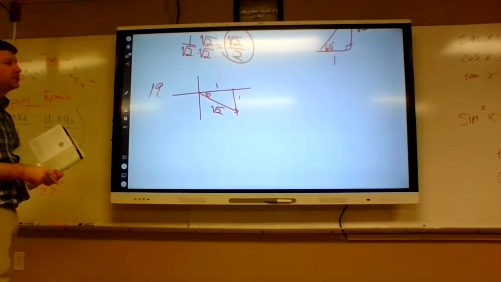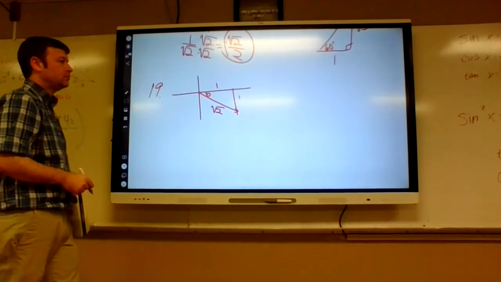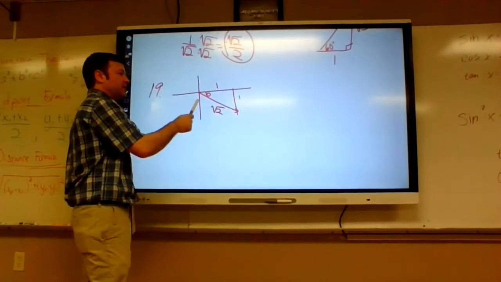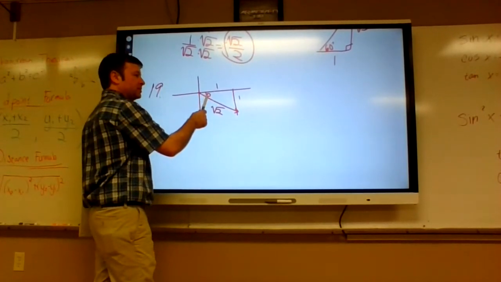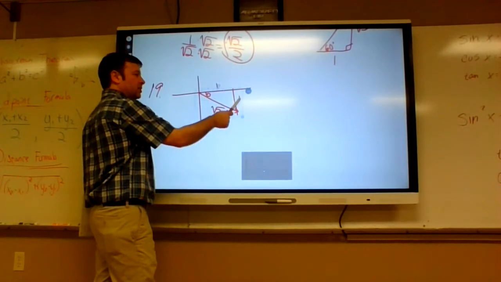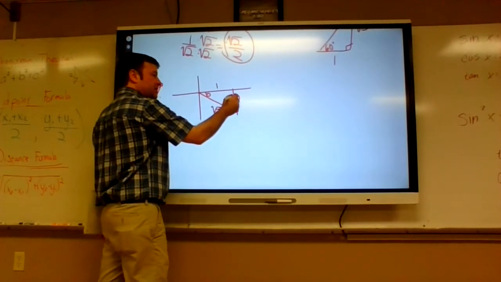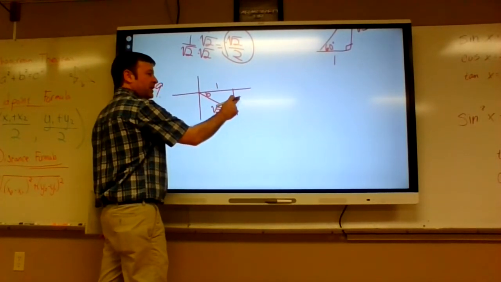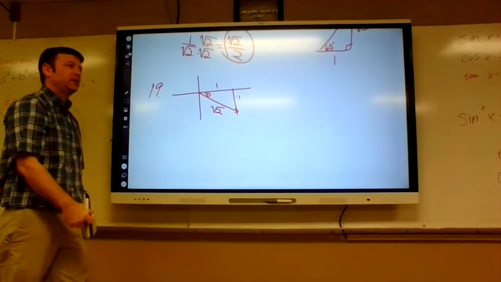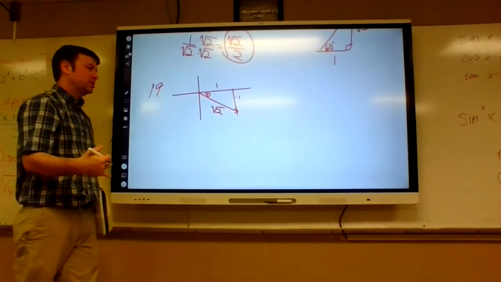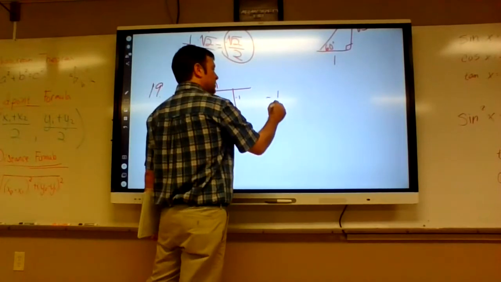Tangent is what over what? Opposite over adjacent. What's the opposite of this angle? 1. What's the adjacent? 1. Okay, again though, this 1 right here is actually a negative 1 because it's going down. It's actually more like negative 1 over 1, which is negative 1.